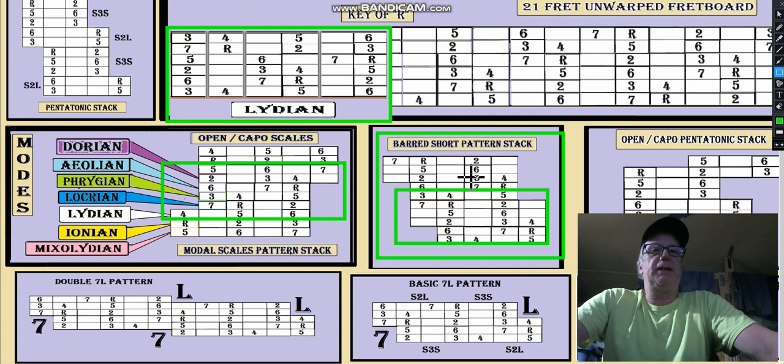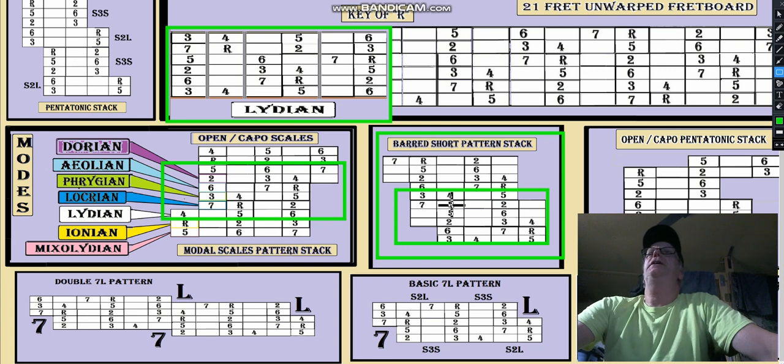It can be C, A. The 3rd would have a small E shape, like an E minor in C, and then the 4th, you'd take an E major CAGED shape, just like the Ionian. The Ionian starting on root, with this particular pattern stack, where you start the Ionian again, it shares the Ionian, same thing.